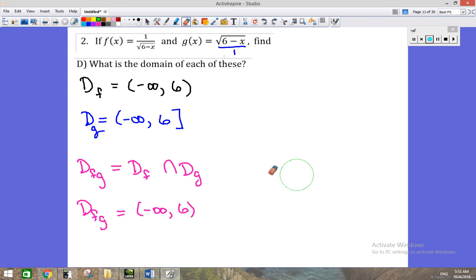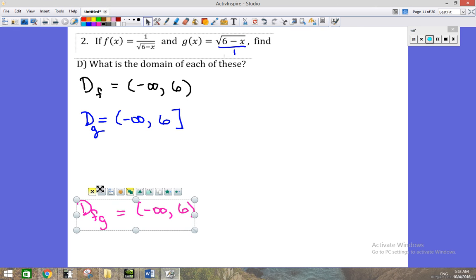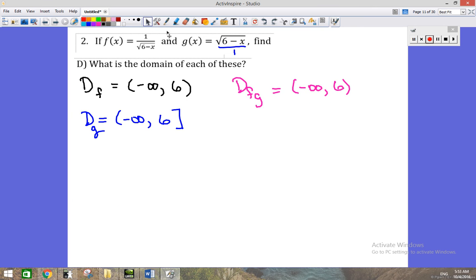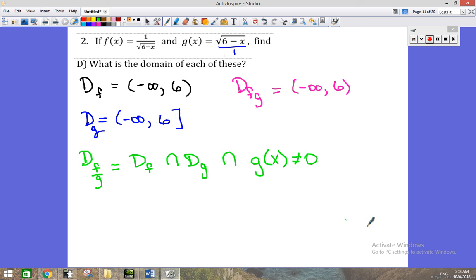Now they want me to find the domain of f over G. The domain of f over G is the domain of f intersected with the domain of G, but we have to make sure that G of x, since it's in a denominator, is not equal to 0. So let's focus our attention on this part, because we already know the intersection of f and G. It's up here.